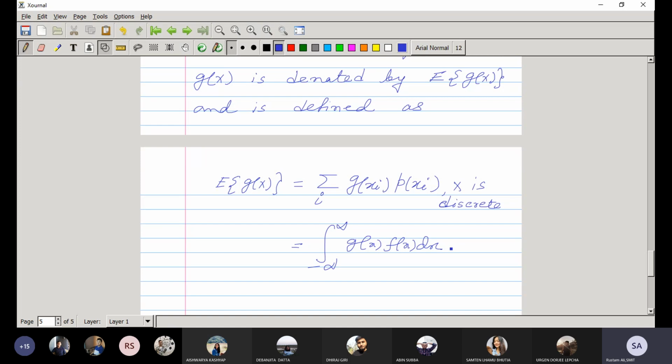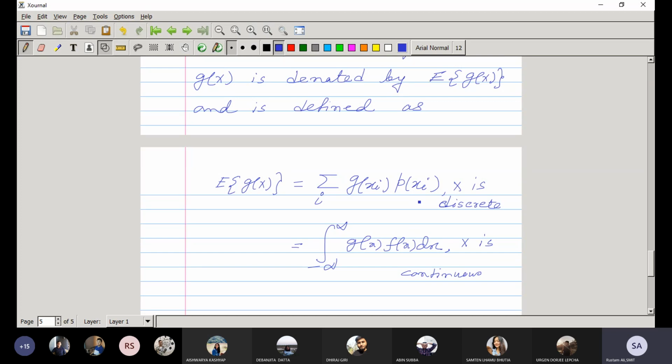Expectation of g of x is equal to summation over i g of xi p of xi if x is discrete, and integration from minus infinity to infinity g of x f of x dx if x is continuous.